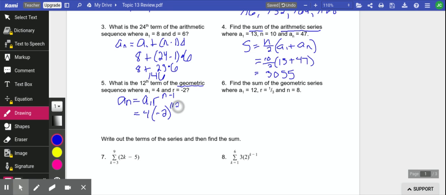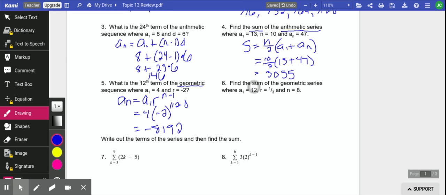Make sure when you're putting this in your calculator, you either put the 12 minus 1 in parentheses like I've done, or just do that in your head. Obviously it's 11, and just put 11 into your calculator. If you don't use parentheses, your calculator is going to tell you wrong things. So when we do this, it's going to be a pretty big number. Negative 8,192.